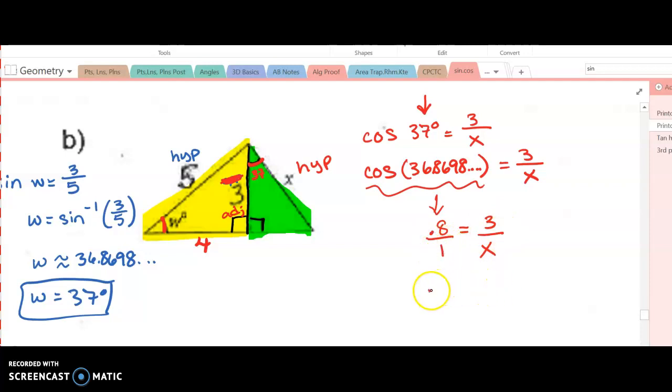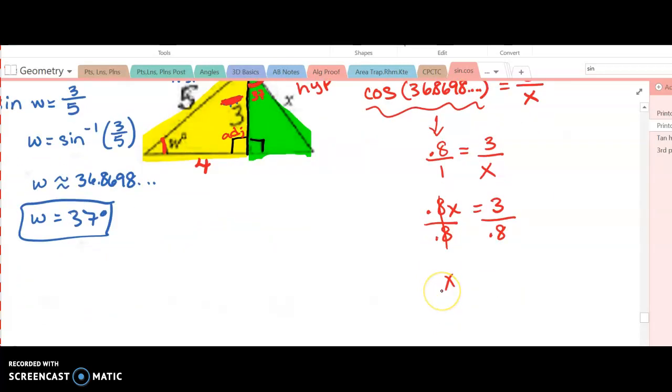When we cross multiply, 0.8x equals 3. We want to get x by itself, so I'm going to divide by 0.8. And so 3 divided by 0.8 gives us approximately 3.75. So to the nearest tenth, approximately 3.8.